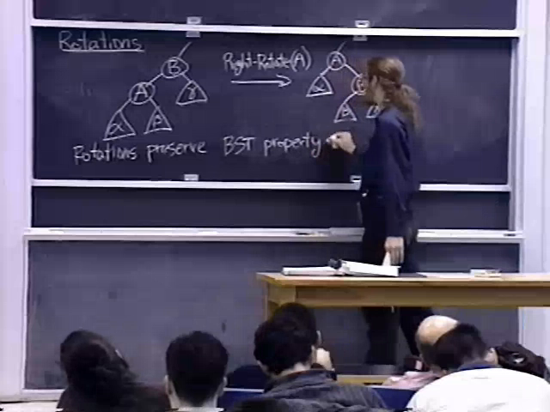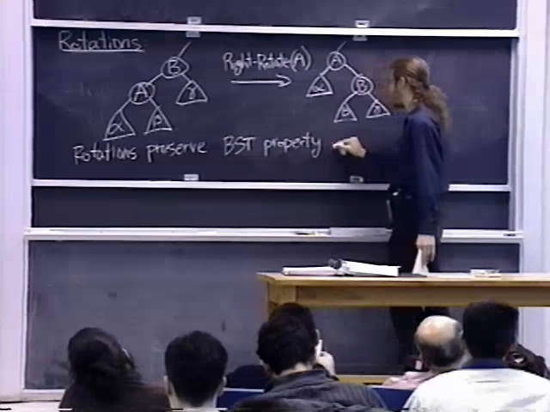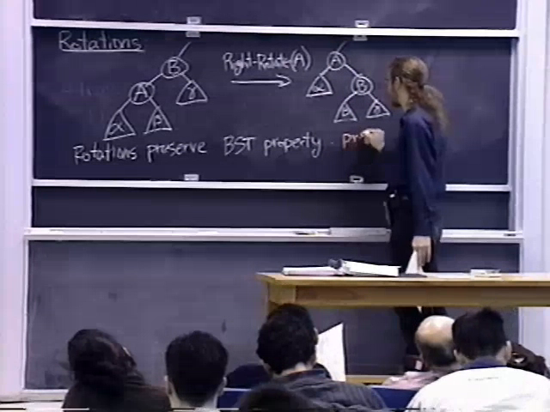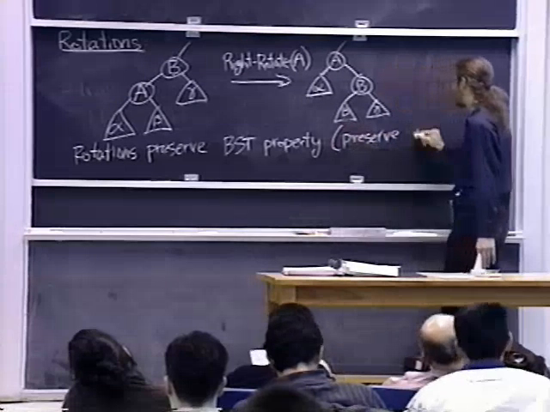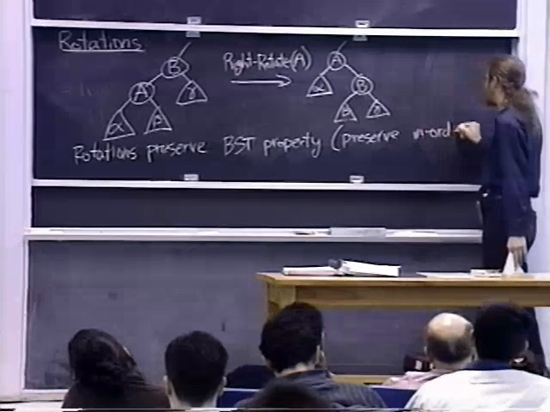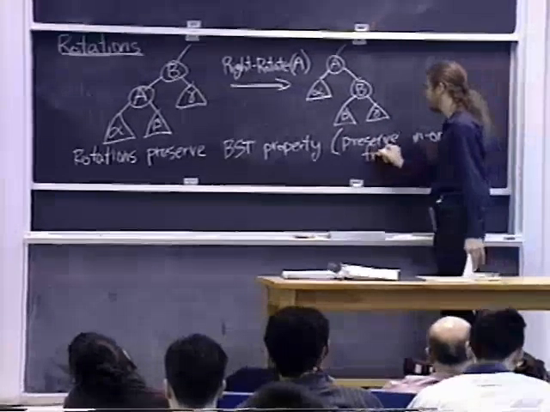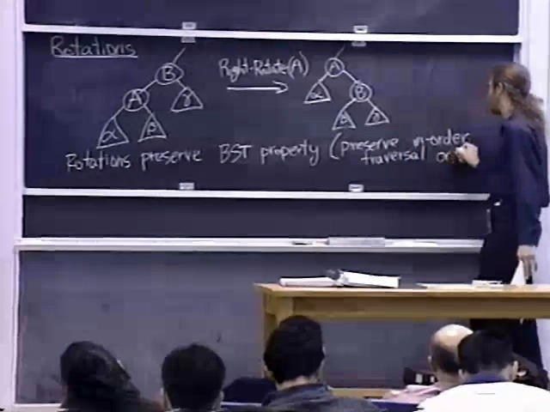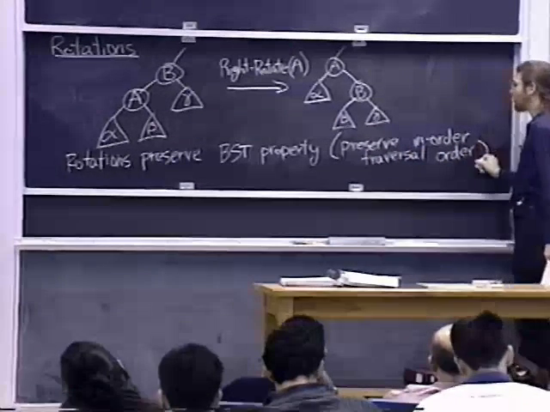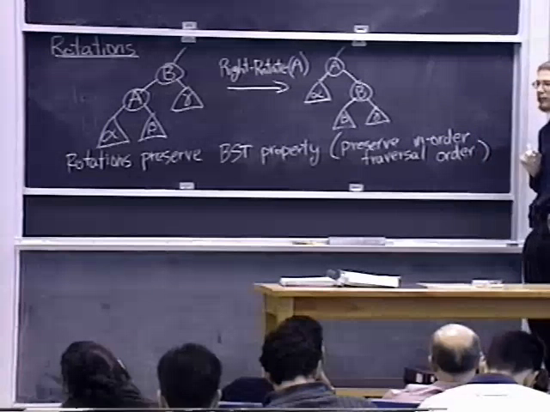In other words, we talked about traversals, right? So this is also the same as preserving the in-order traversal order. Because in a binary search tree, if you do an in-order traversal, you should get the elements in sorted order.